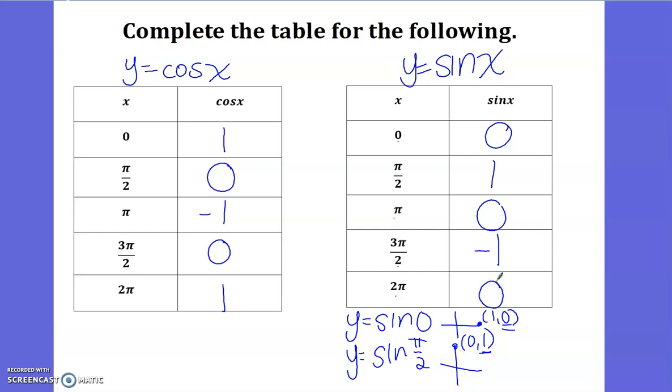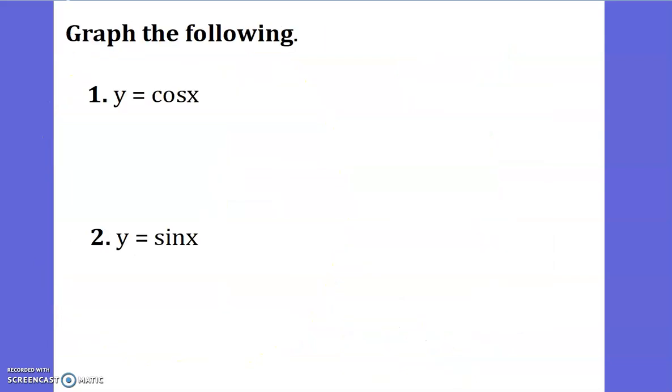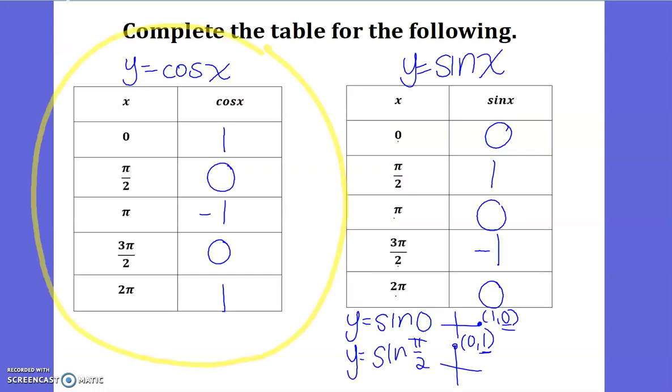Okay, so we generated our table. Now let's plot these and see what the graph for this first function, y equals cosine x, is going to look like. You have your table from the last slide, and I am going to take these ordered pairs and graph them.